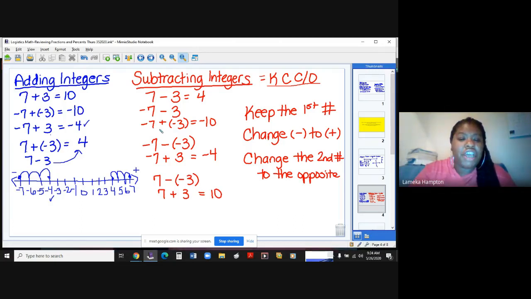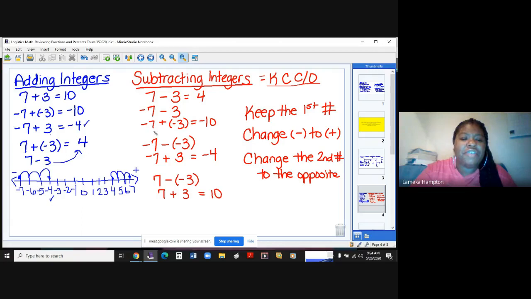You're going to change your subtraction to addition. Why? Because they are inverse operations of each other. The third step is you're going to change the second number to the opposite. So the opposite of 3 is -3. Well, what do you know? I know how to add two negative numbers together because I did it over here.